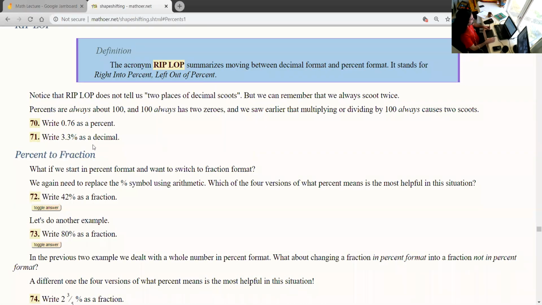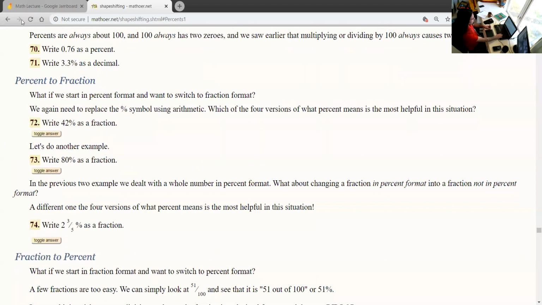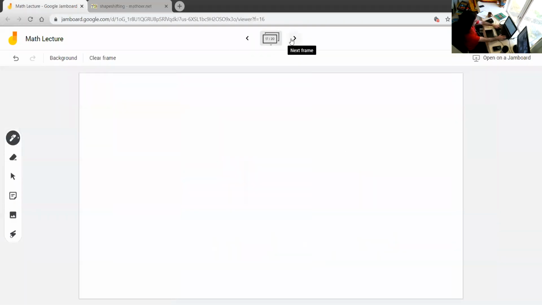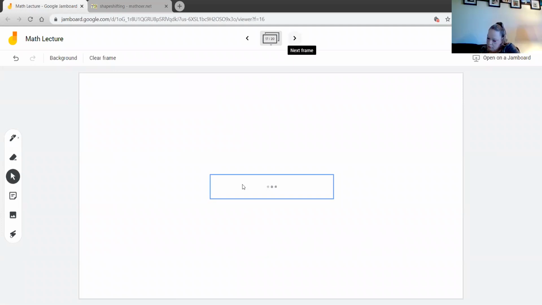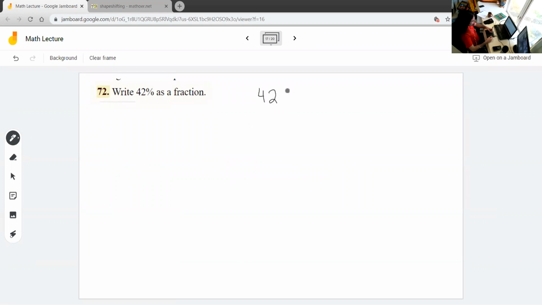Okay, we've gone back and forth with percents and decimals. Now we need to throw fractions in. So percent to fraction. So I have those 4 options, 42%.